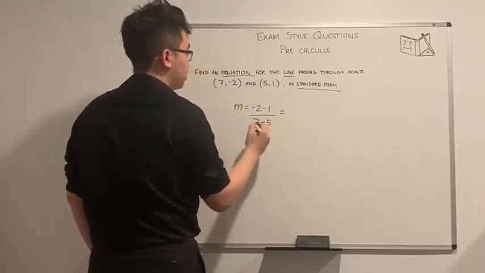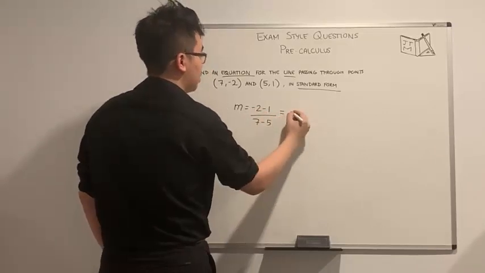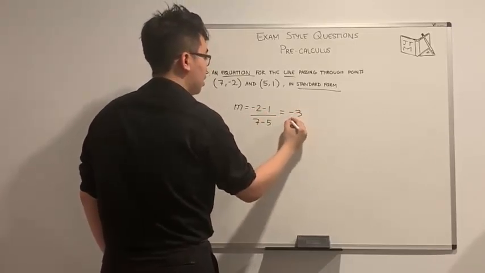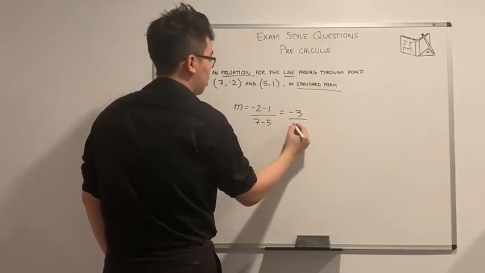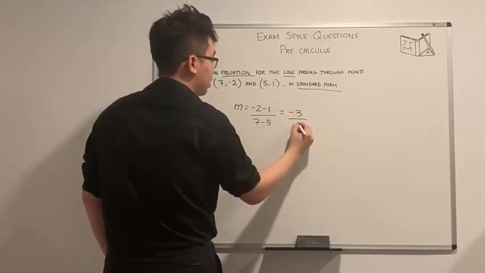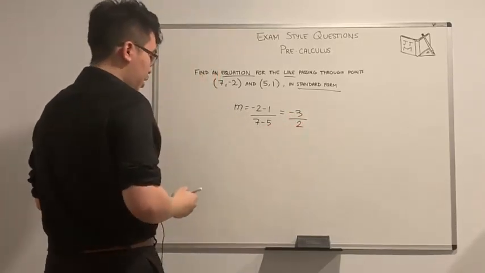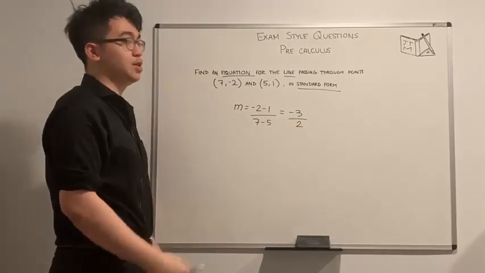We simplify this. -2 minus 1 is -3. 7 minus 5 is 2. So our gradient for this line is going to be -3 over 2.